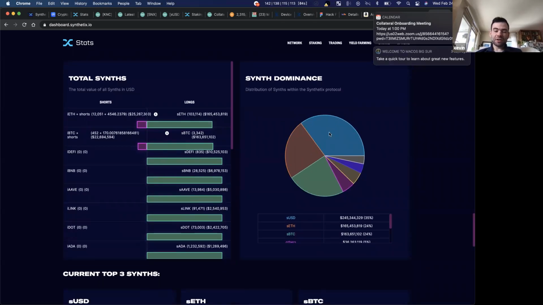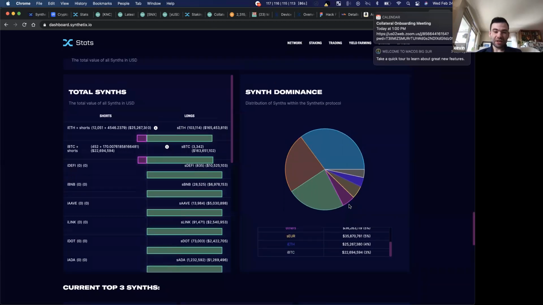This is essentially what you are backing when you mint SUSD with Synthetix. So right now, it's 35% SUSD, 24% SETH, 24% SBTC, 5% everything else that is too small to mention, 5% euros, 4% IETH, and 3% IBTC.